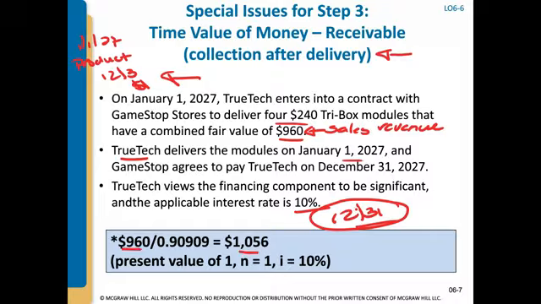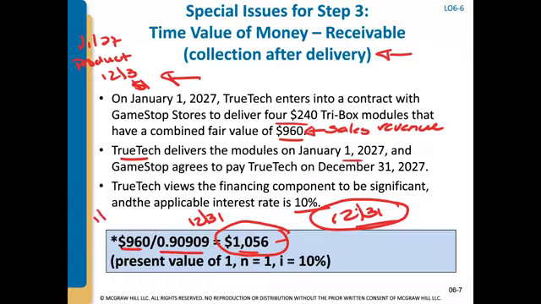We have the fair value of the products, which is $960, and this time we're going to divide it by the present value of a dollar factor, which is 0.90909, to get $1,056.